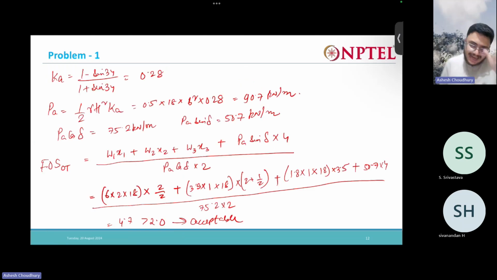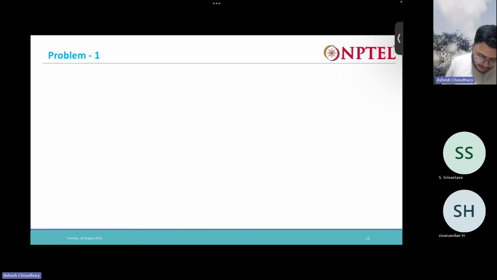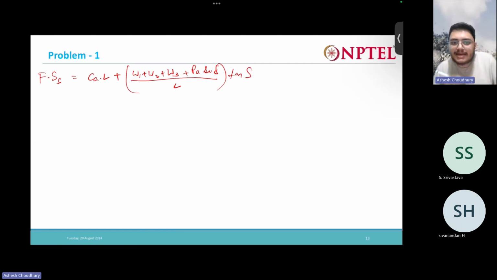So Ca into length, and L will be 2 meters, because that is in contact with the foundation soil, plus W1 plus W2 plus W3 plus PA sin delta, times tan delta. Please take care of the units. If the units are correct, there won't be mistakes. People generally make mistakes here with the units, whether it is kilonewton per meter or kilonewton meter per meter. Please consider all these things. Times L.